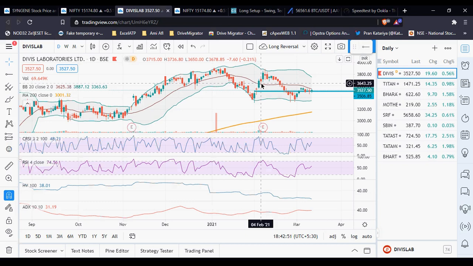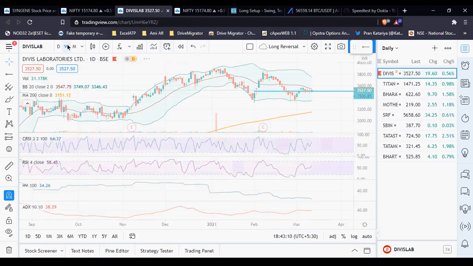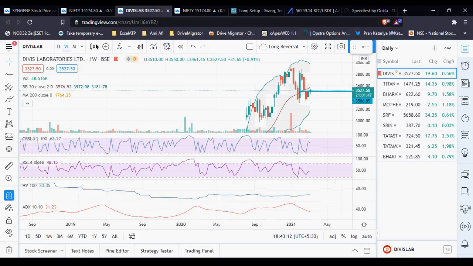Okay, one more thing I forgot to tell you guys, the 200 moving average that has been plotted, right? The price on the daily time frame should be trading above the 200 moving average, and also on a weekly time frame we need to check that the price is above the 20 SMA, which is the middle Bollinger Band.